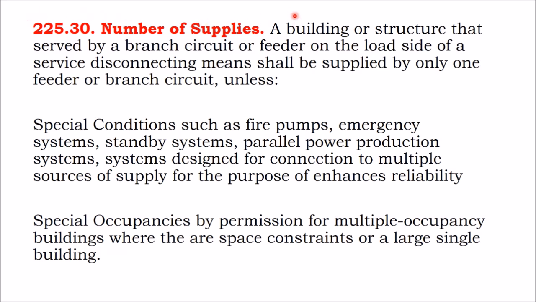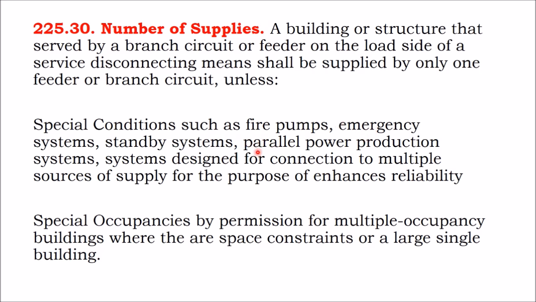The number of supplies. A building or structure that is served by a branch circuit or feeder on the load side of a service disconnecting means shall be supplied by only one feeder or branch circuit unless special conditions such as fire pumps, emergency systems, standby systems, parallel power production systems. All right, solar power. That's us.